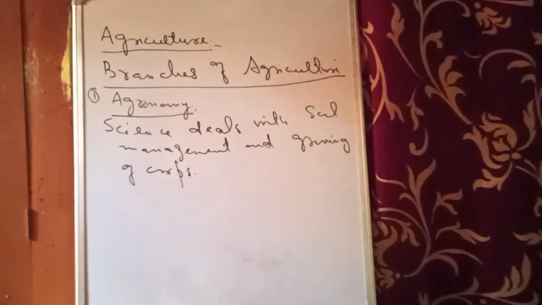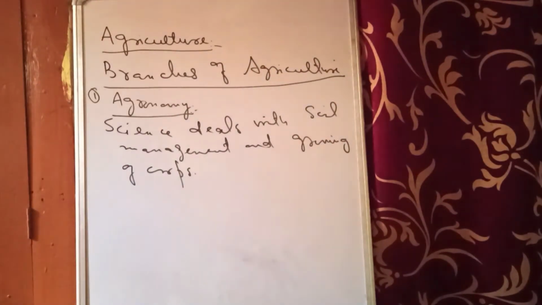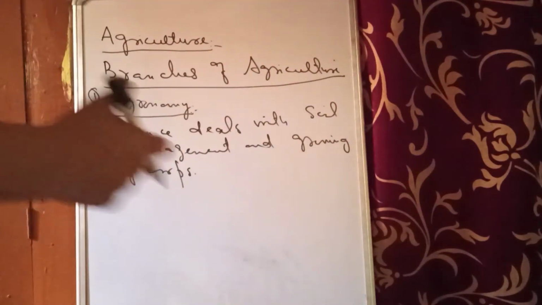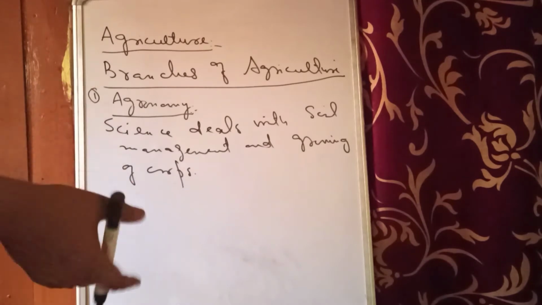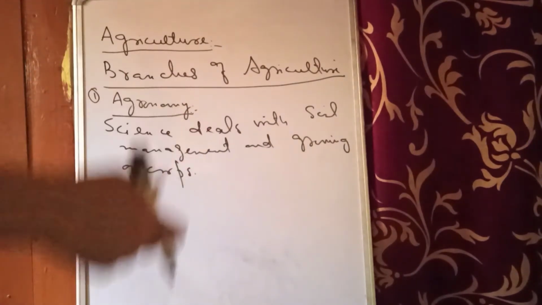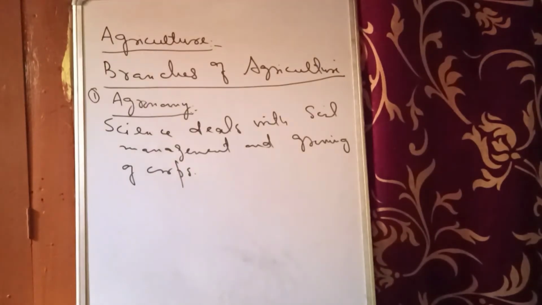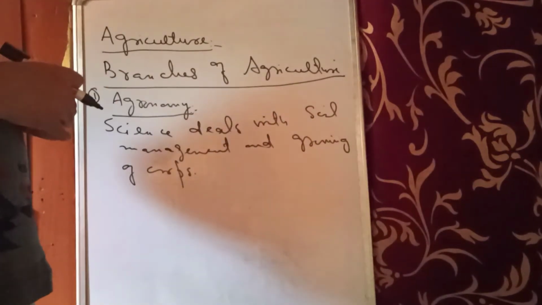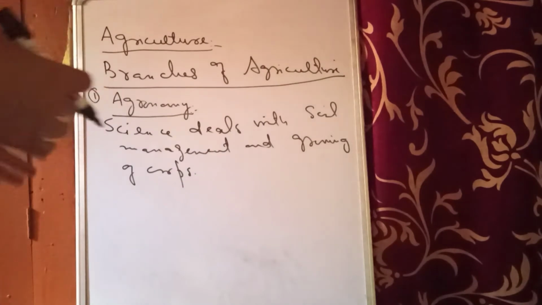In this science, we learn how to manage soil, how to prepare soil for crops, what type of soil is suitable for which type of crop, and also how to grow crops in this soil.